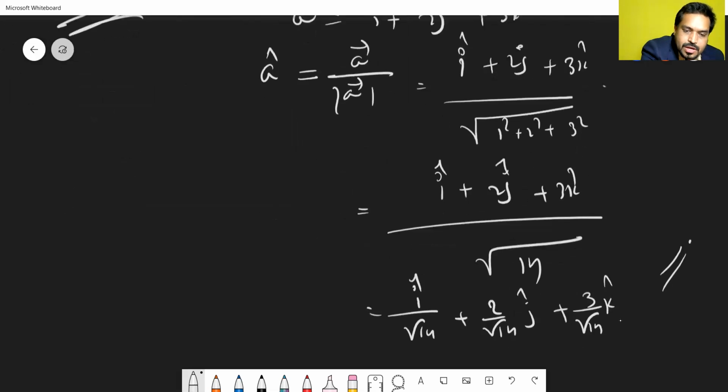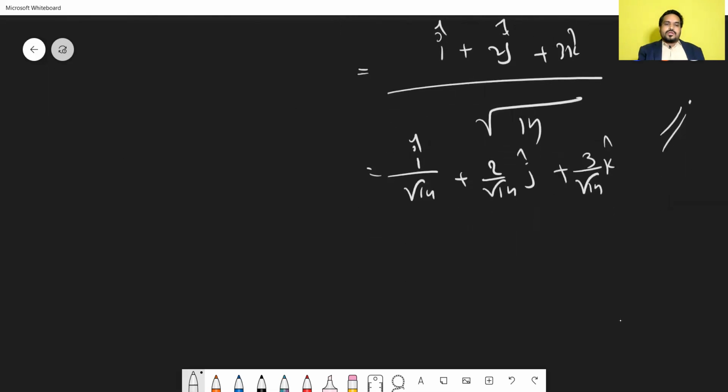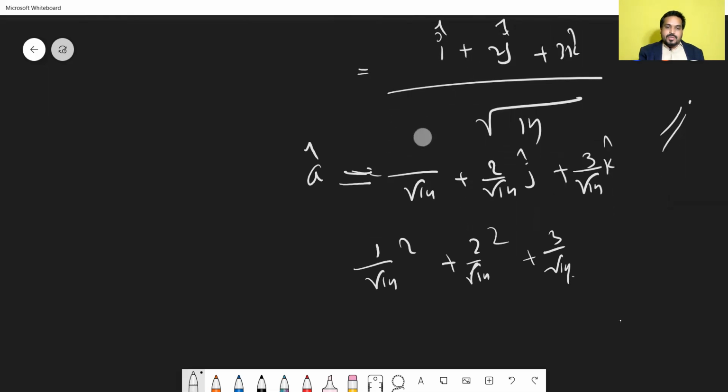But how do we confirm that this is a unit vector? Take 1 by root 14 square plus 2 by root 14 square plus 3 by root 14 square. Here 1 by root 14, 2 by root 14, 3 by root 14 are called direction ratios.